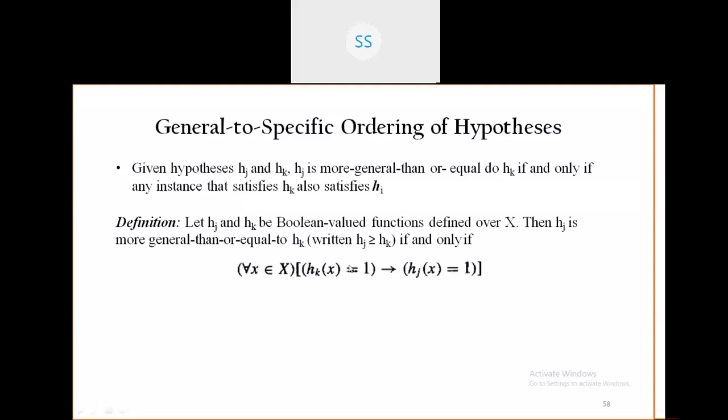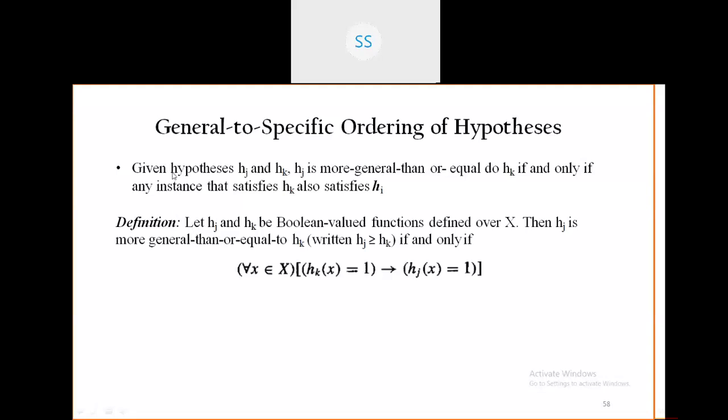Which means that if an instance is set as a positive example by hypothesis Hk, then obviously the same instance is set as a positive example by Hj. This is the general definition of the general to specific ordering of the hypothesis.